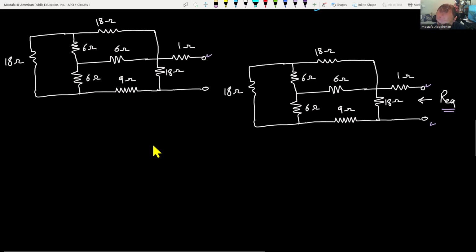So this is basically the same, I just copied and pasted. I'm gonna omit the 6. The 6 is connected between this terminal and this terminal, correct? So I'm gonna modify the drawing. I'm gonna draw this 6 ohm like that.